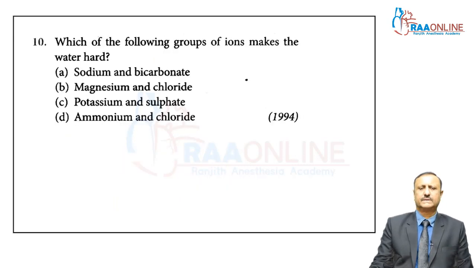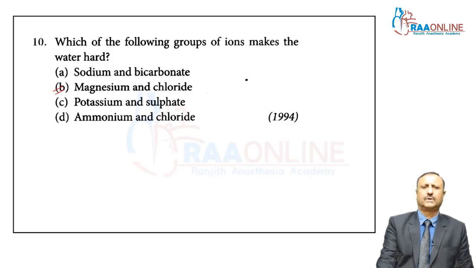Now, my dear students, we can see question number 10. Which of the following groups of ions makes the water hard? My dear students, magnesium chloride makes the water hard, because NaCl or NaHCO3, sodium bicarbonate, which is baking soda you can use in food, does not make the water hard.